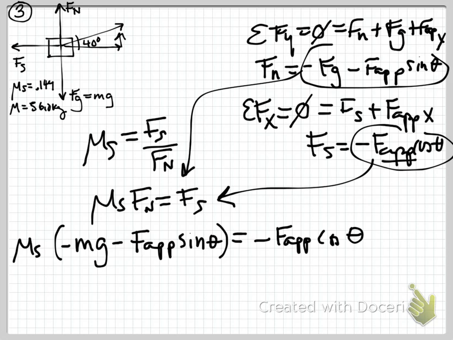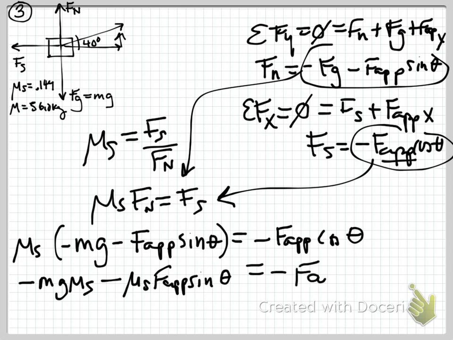And then it was just a matter of distributing the mu s. So we have negative mg mu s minus mu s F applied sine theta equals negative F applied cosine theta. So now it's not too terrible.